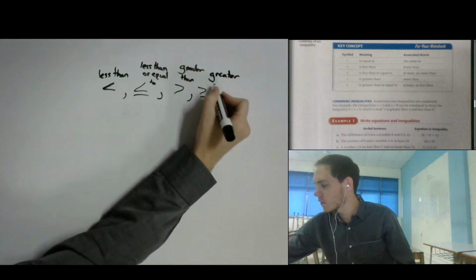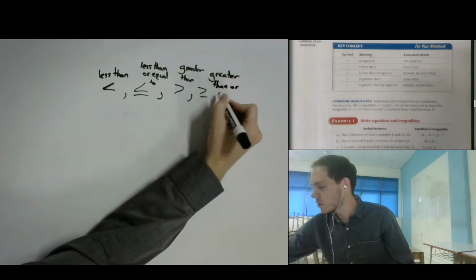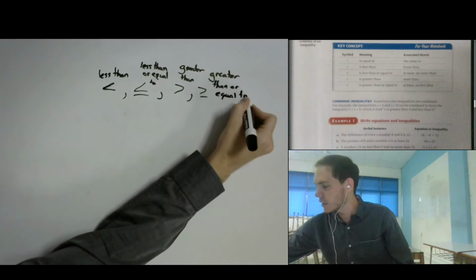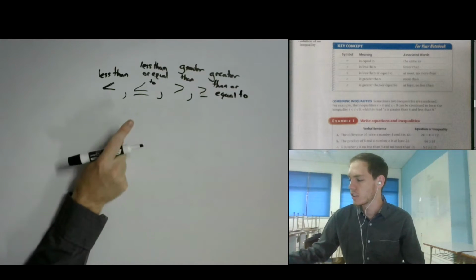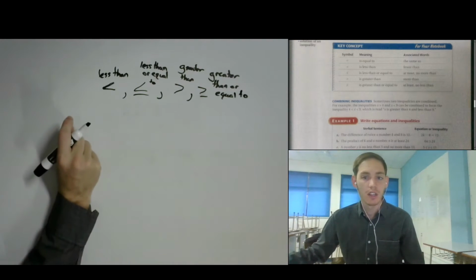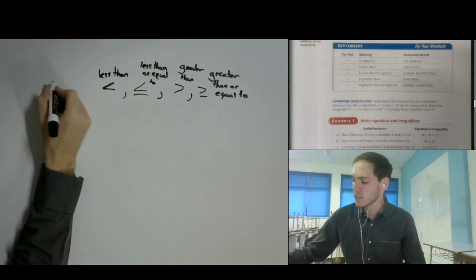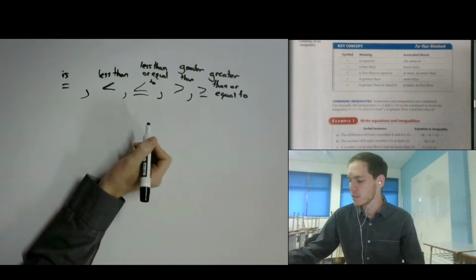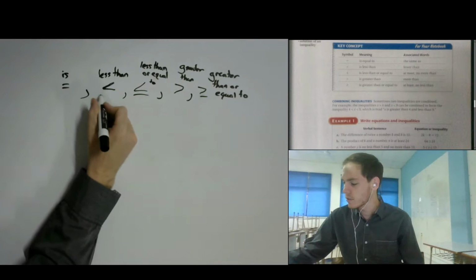Okay. So less than or equal to, greater than or equal to. This means also this could be the same as or is sometimes. This could be fewer than.